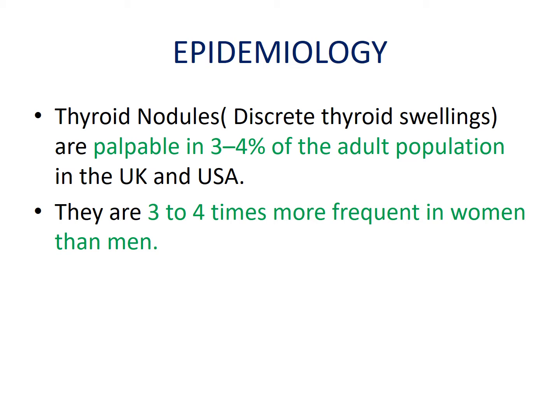In Pakistan, the statistics show a prevalence of about 3 to 7%. Another thing we need to remember is that these thyroid nodules are more frequent in women than men, and the ratio is about 4 to 1.